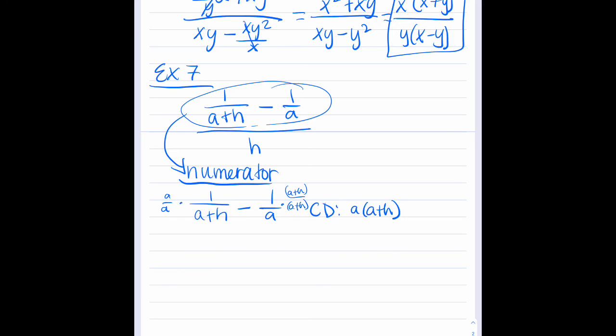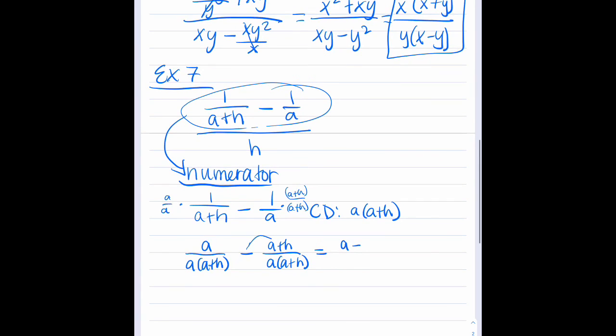Okay, this shouldn't be that new, but if you're having trouble with it, feel free to email me or message me. So I'm going to get a minus, and remember this minus needs to be distributed to both things there. So I'm going to get a minus h, and the bottom stays the same.